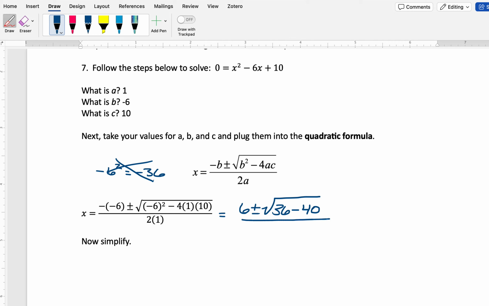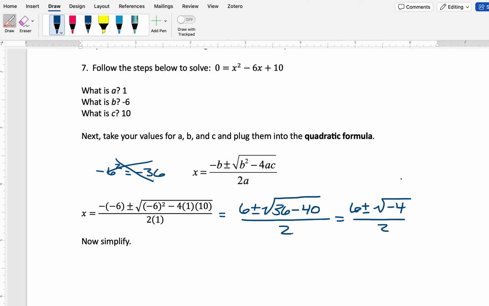We have 4 times 1 times 10, which is 40, and then it's divided by 2 times 1, which is 2. So simplifying what's under the square root, 36 minus 40 is negative 4. Looking at the square root, I see that 4 is a perfect square. I also see that it's negative 4.